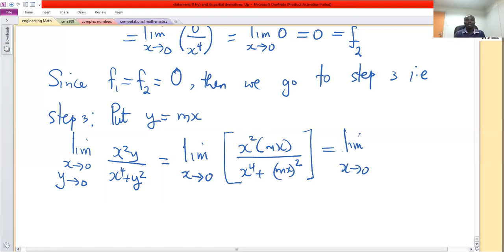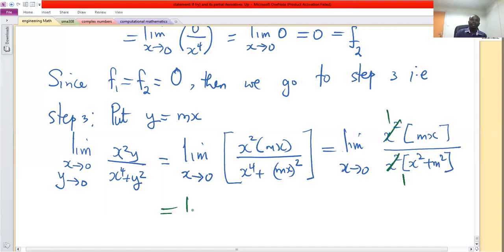Now we factorize x squared out of the numerator, leaving mx. The denominator will be x squared times x squared plus m squared, so that we can cancel the x's. This x squared and x squared cancel out.